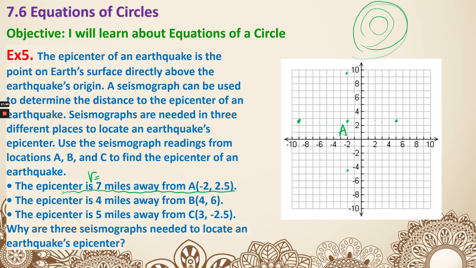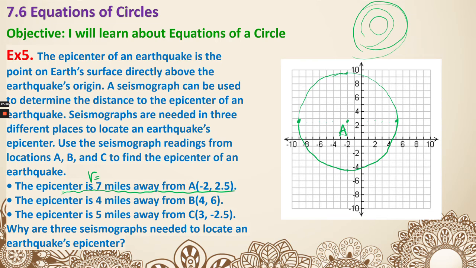We can connect them to kind of make a circle. Roughly, it doesn't have to be super precise. But since we still need to draw the other circles, let's try to be somewhat precise.